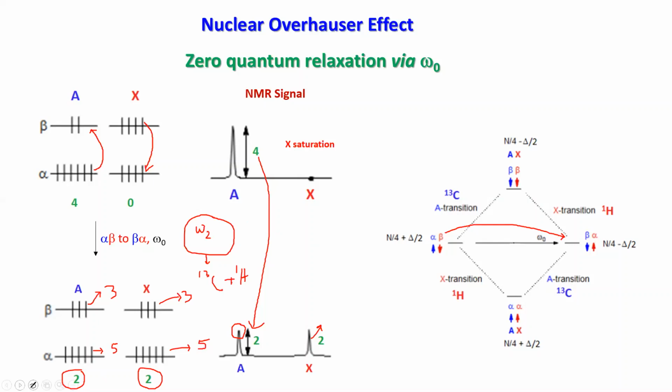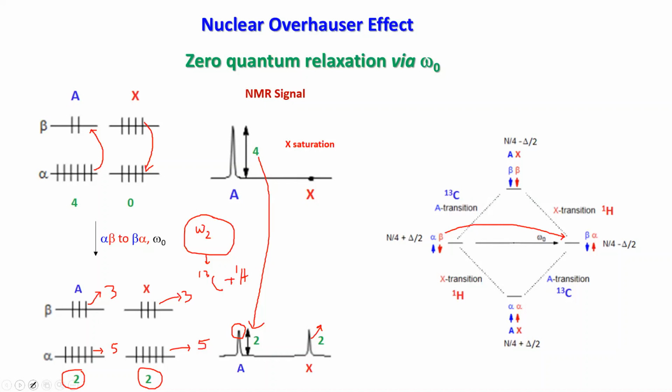So now we'll try to apply this nuclear Overhauser effect to certain molecules. Now remember, when I'm telling the two different nuclei, it doesn't mean always it has to be 13C and proton.